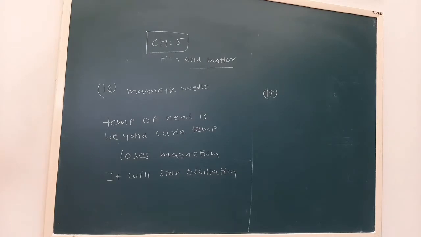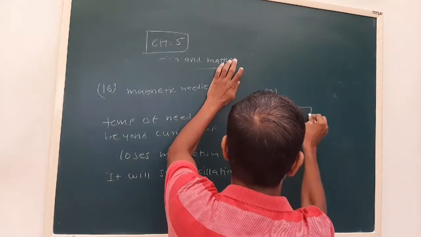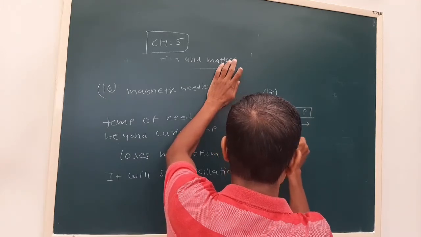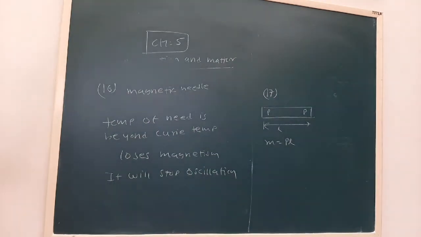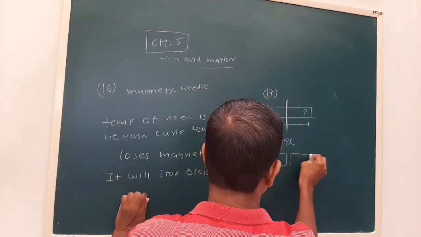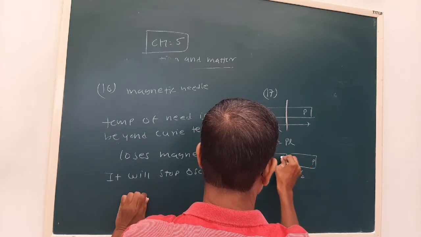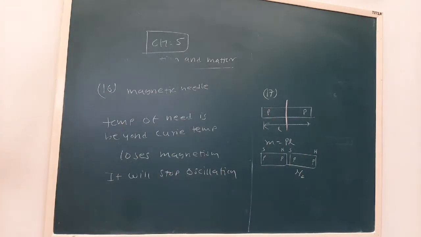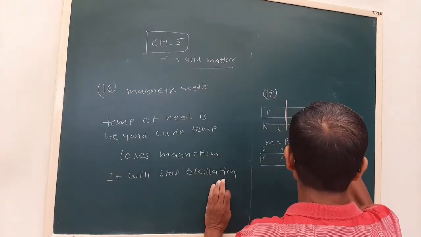Okay, now see our MCQ number 17. A bar magnet of length L and pole strength P, as I told, somewhere it is L, somewhere its total length is 2L, is cut into two equal parts. It will be converted into two magnets. Now what is the new dipole moment? See, when it is converted into two parts, the pole strength will remain the same.